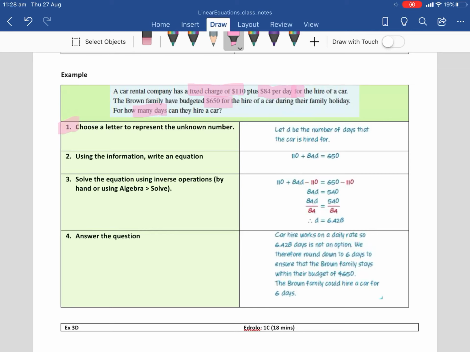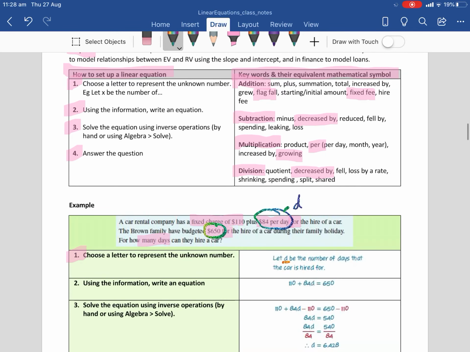So number 1, let's choose a letter. For per day, we're going to use D, which it has here. And we've obviously got $650 to spend, so that's the cost that we want to use. Fixed charge or fixed fee is usually add.